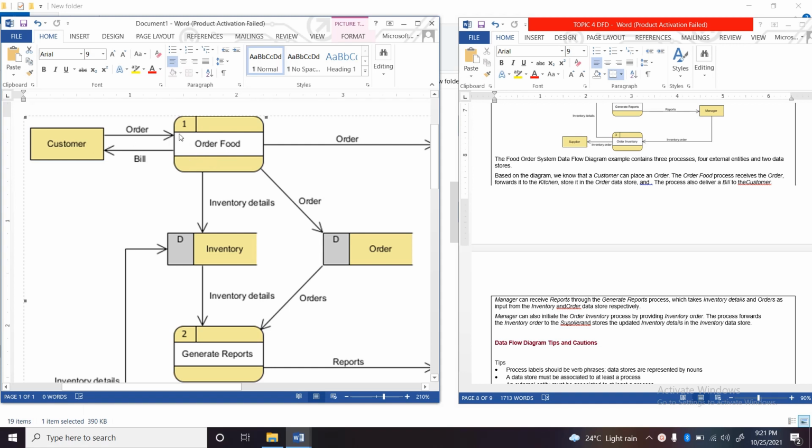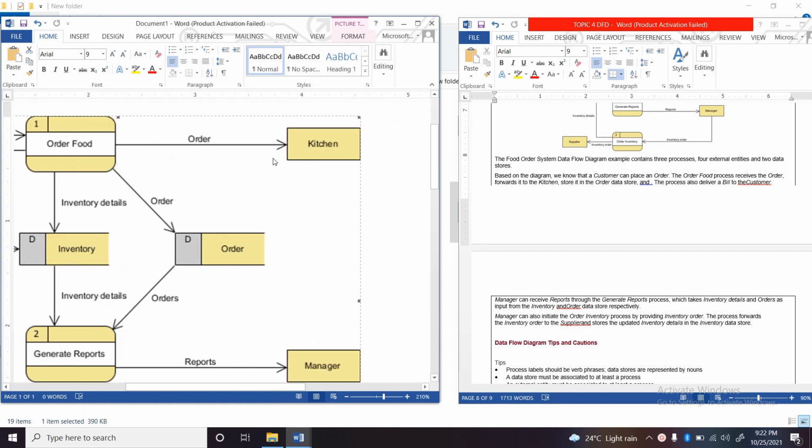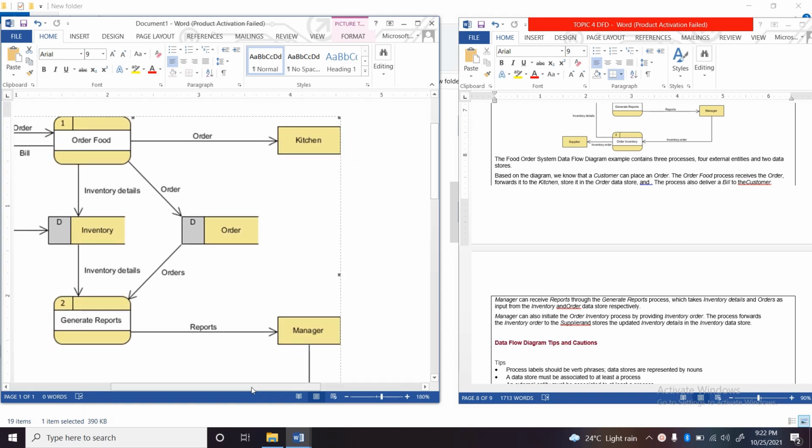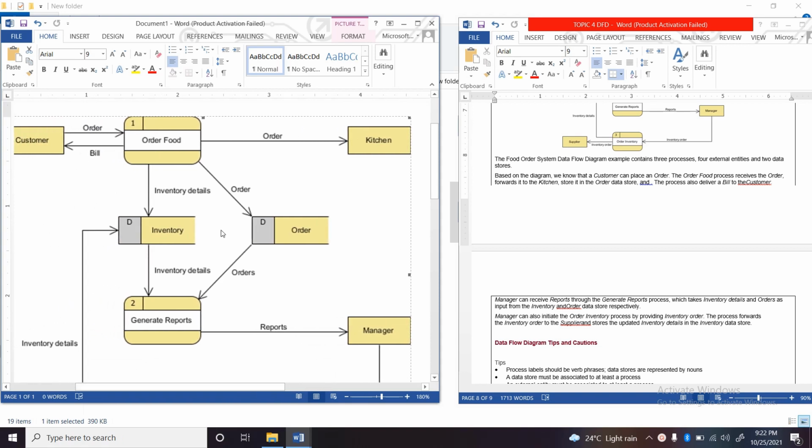Ayan, papunta siya doon sa process and meron siyang label na order. Okay, the order food process receives the order. Yun yung first process natin, no? Yung customer, nag-start siya sa may customer. Yung customer daw, mag-o-order siya ng food. So, yung process doon yung order food.